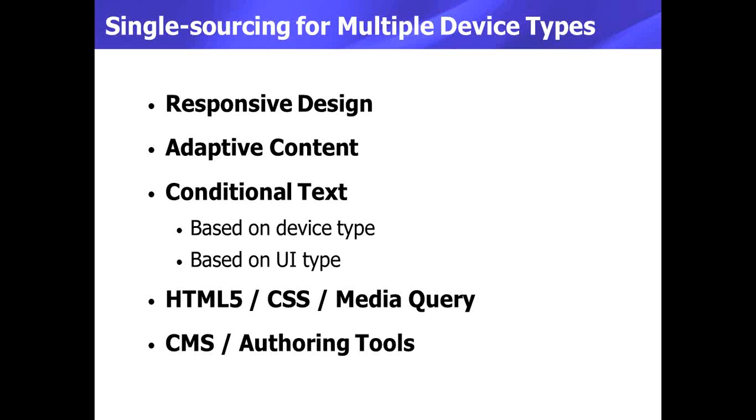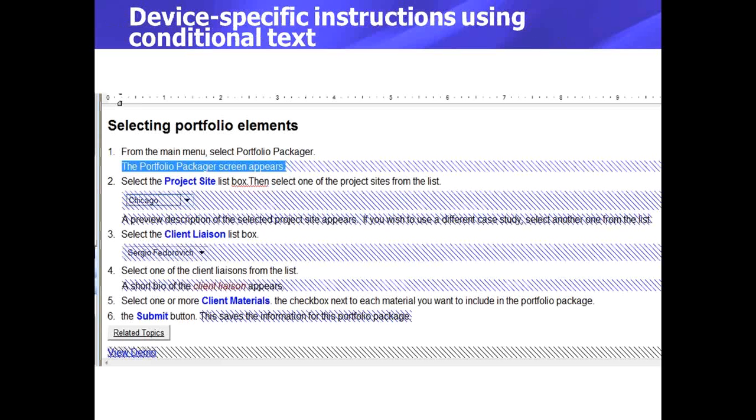And to really make all this work, you need to start working with some form of content management system or authoring tools. Just as an illustration, this is a procedure topic within Adobe's RoboHelp product. And so here you have just a standard procedure topic.